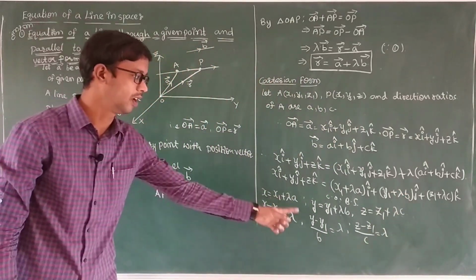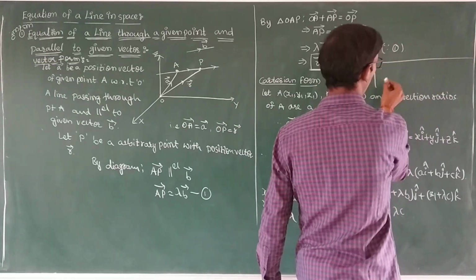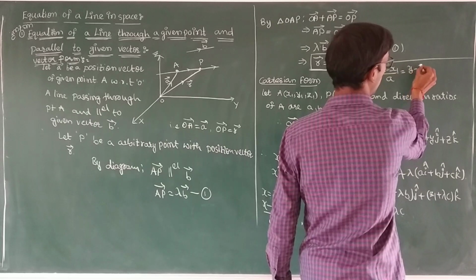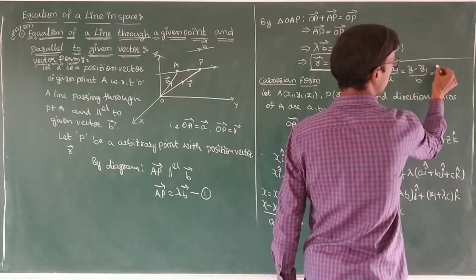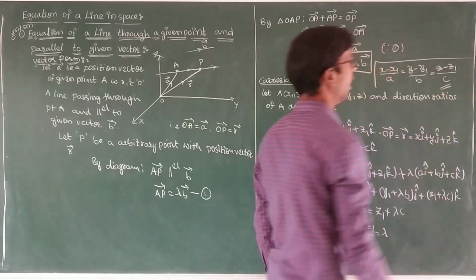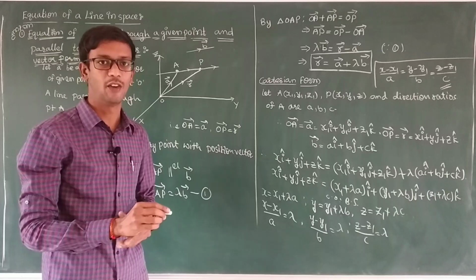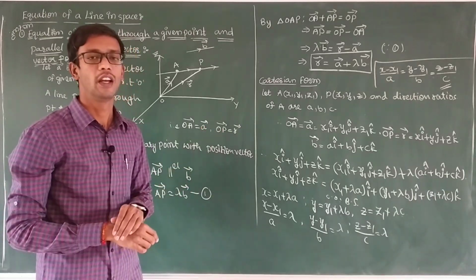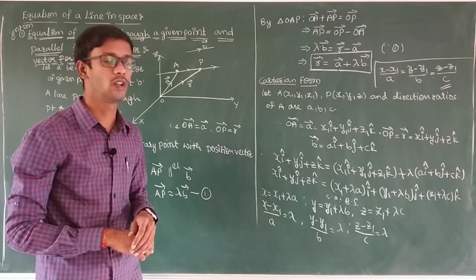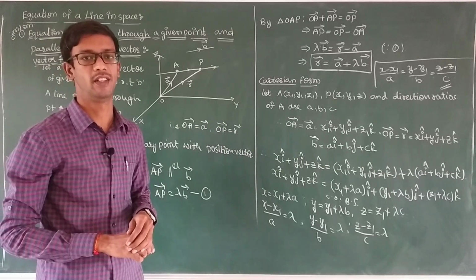So from these three, what can we conclude? (x minus x1) by a is equal to (y minus y1) by b is equal to (z minus z1) by c. This is the Cartesian equation of a line passing through the given point (x1, y1, z1) and parallel to the vector B bar having direction ratios a, b, c.